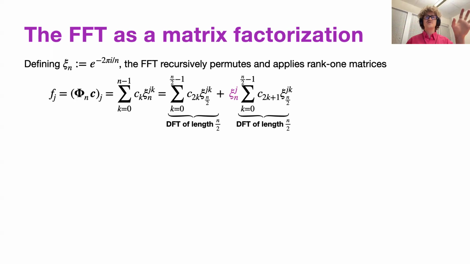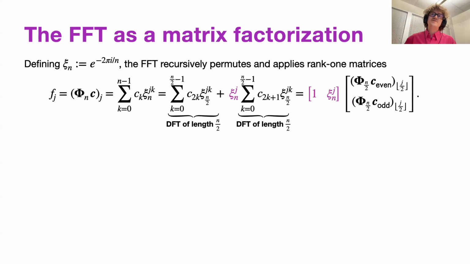So the even coefficients go in the first DFT, and then we add what's called the twiddle factor, psi sub n to the j, multiplied by the second DFT for the odd terms, right? And this is what leads to this recursive algorithm for the FFT, right?